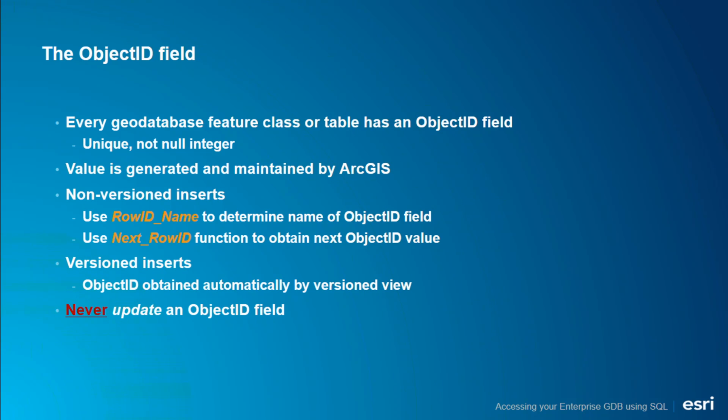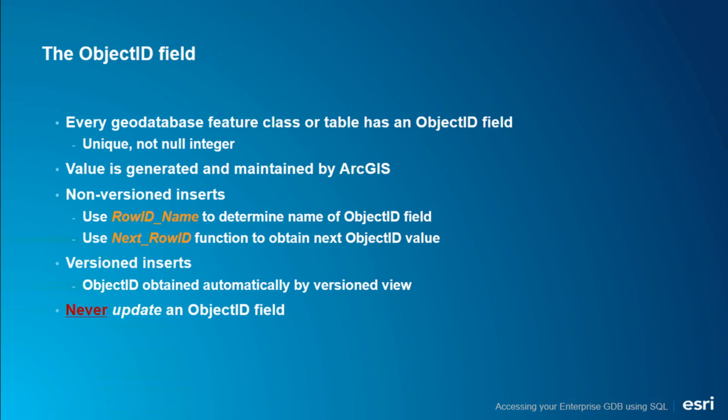And when you're doing non-versioned inserts at the SQL level, we provide you with some database functions that can be used to generate these object IDs the way it happens in an ArcGIS client. So you can use these functions to determine the name of that object ID field. If it does not have a default name like OBJECTID, then you can use this function to determine what the name of the object ID field is.